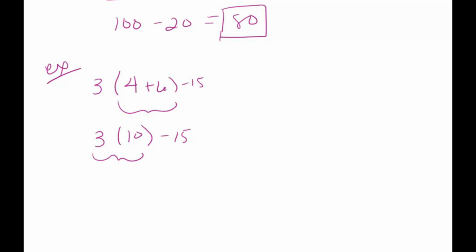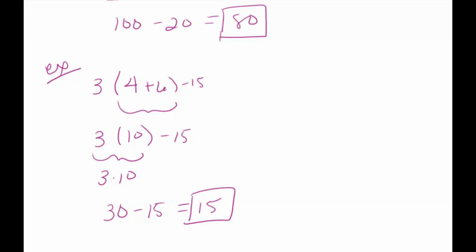Hopefully you saw this a little bit last year. So this represents 3 times 10, and of course we need to do that before we subtract the 15. Hopefully that notation isn't too unfamiliar to you. But we should have 30 minus 15 and then be able to just subtract the 15.